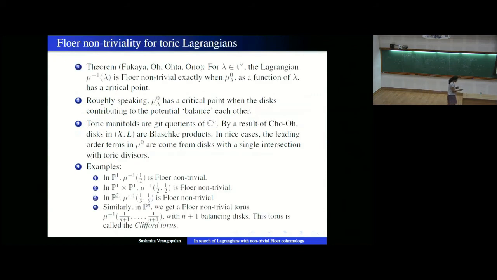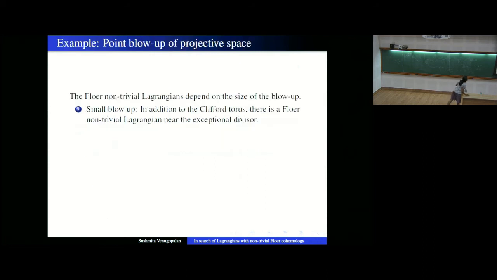These Lagrangians in Pn, I call those Clifford tori. So you continue to have the Clifford torus, but near the exceptional divisor, you get a new Floer non-trivial Lagrangian. Let me call this L1, and it is balanced by these 3 disks.